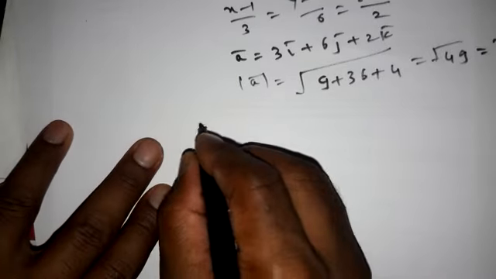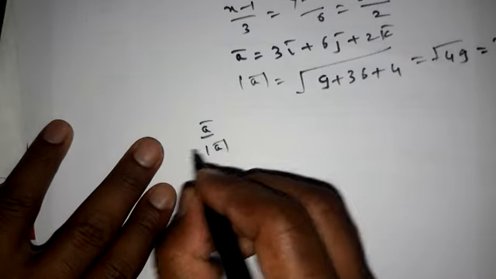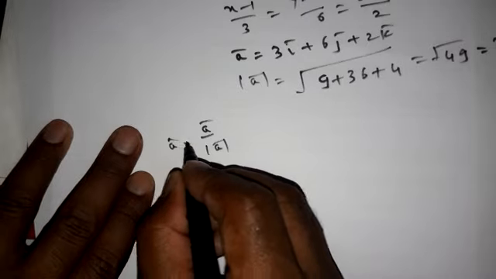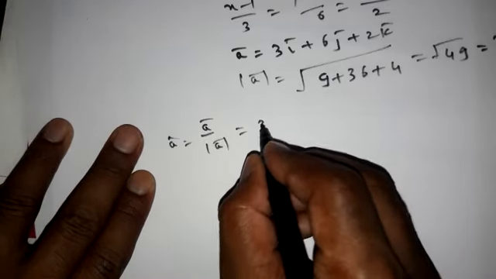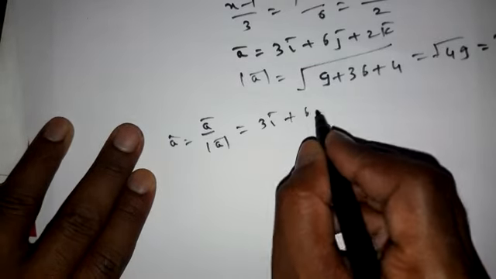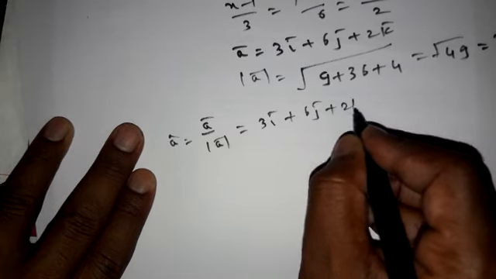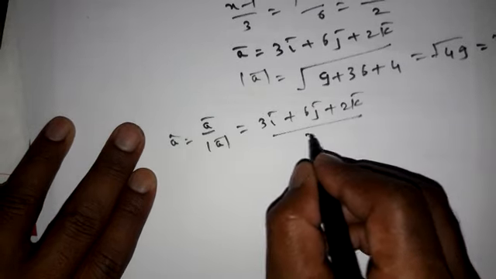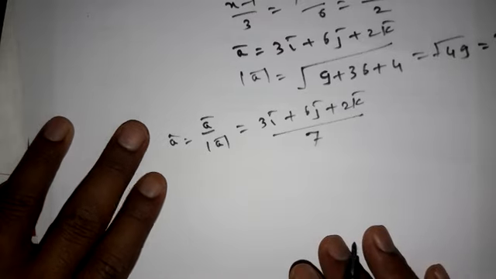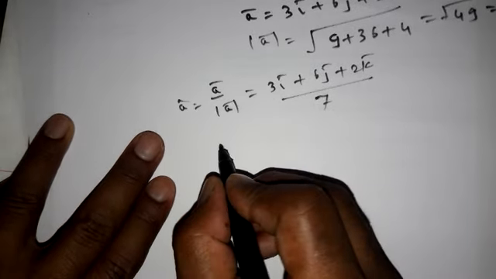Now a bar upon mod of a bar, this is our a cap, is equal to (3i bar plus 6j bar plus 2k bar) upon 7. Now complete your answer.